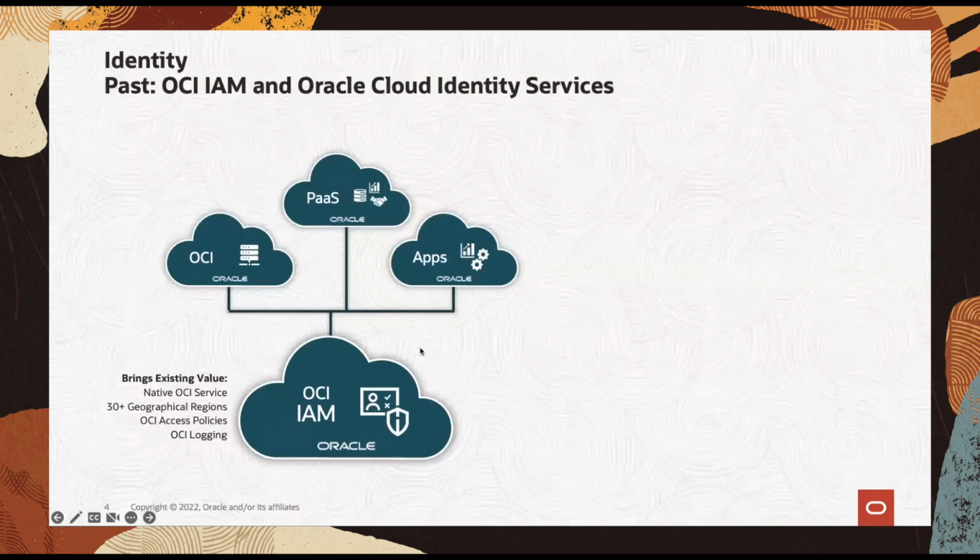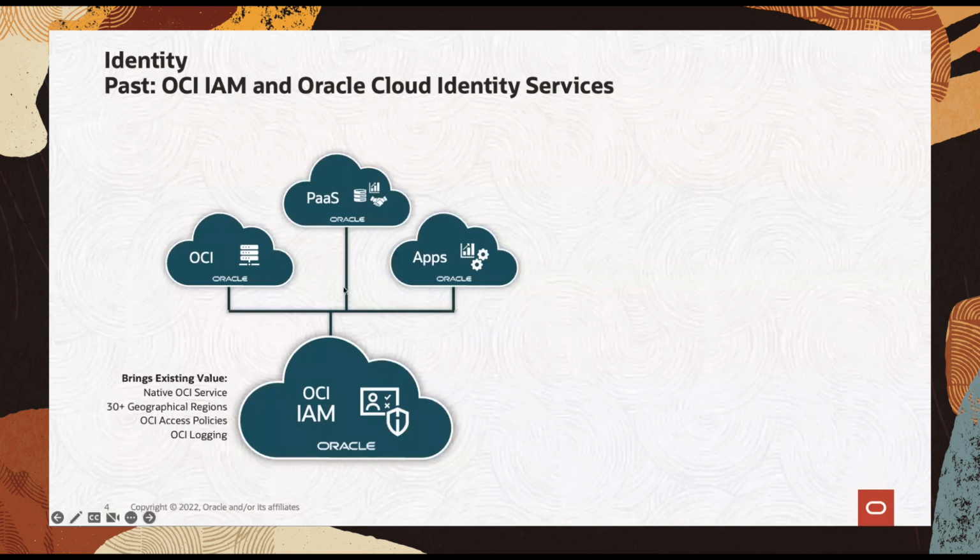So before moving into the OCI IAM domain, let me talk about what we had earlier. When the Oracle Cloud was launched, we had an OCI IAM where you can locally manage the users within the OCI to provide access to the OCI resources.